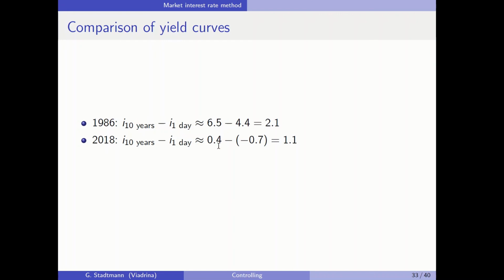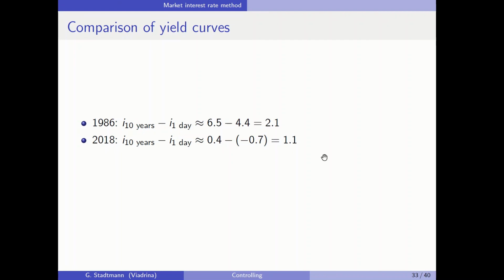So the margin between this negative 0.7 and the positive 0.4 is only 1.1%. So when the bank is buying liquidity at the short-term interest rate of minus 0.7% and is selling the liquidity at the interest rate of 0.4%, in 2018, the bank can only generate a profit margin of 1.1%.